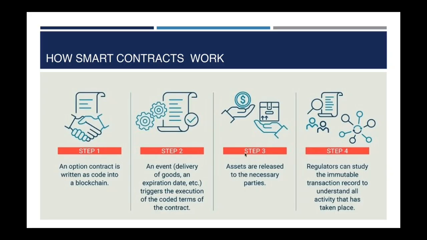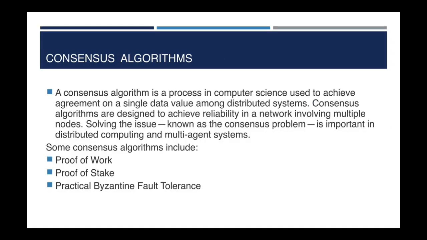In step 3, this leads to the transfer of assets from one party to another in the network. In step 4, since this transaction is stored in an immutable data structure, which is the blockchain, any regulator can verify the transaction. So this is in a nutshell how a smart contract works.